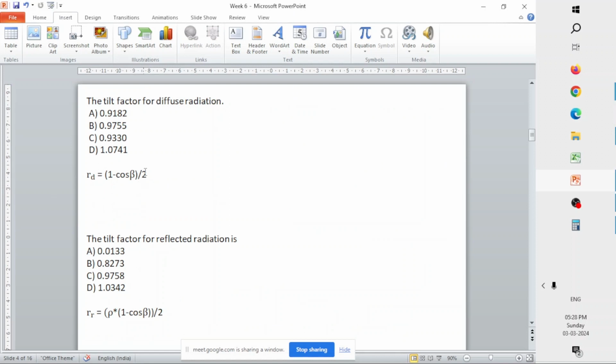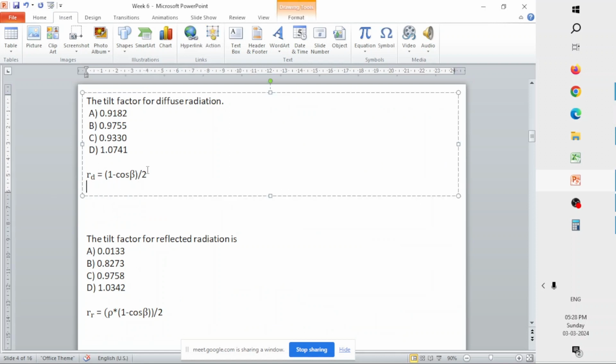This one is simple. So diffuse reflectivity is nothing but (1 minus cos beta) by 2, so 1 minus cos of 30, that divided by 2.